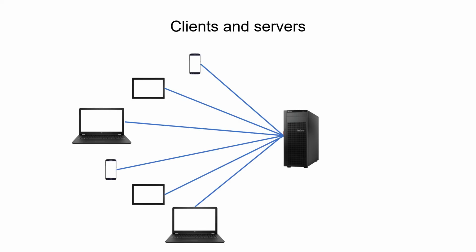Now that we know what the Internet and the World Wide Web is, next we'll look at clients and servers. Let's start with servers. Simply put, servers are computers in the Internet that serve other computers. So the responsibility of a server is to receive requests from other computers and then respond back to those computers. The computers that make the requests, on the other hand, are known as clients. In the same way that when you, for instance, go to a restaurant, you'll find other clients also desiring to be served, and there'll be someone there ready to serve you and all the other clients.